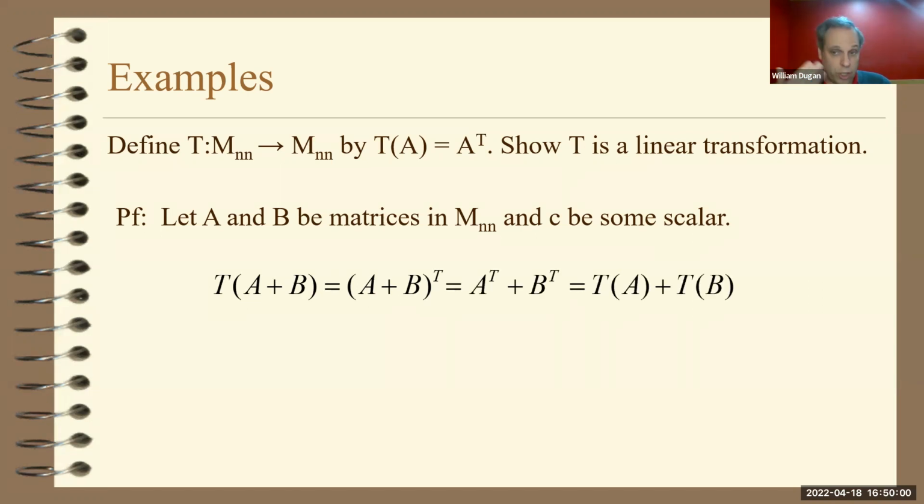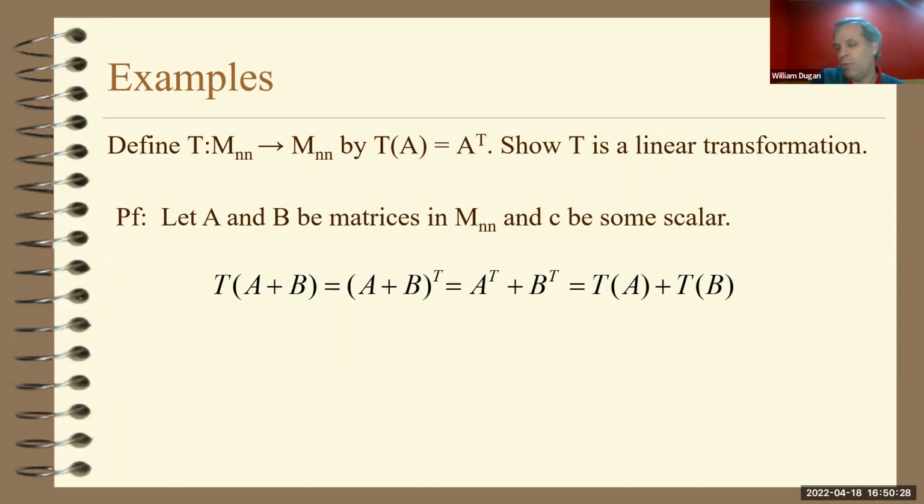So that becomes the transpose of A plus the transpose of B. But the transpose of A is the transformation of A, and the transpose of B is the transformation of B. So then we have the transformation of A plus B is the transformation of A plus the transformation of B.